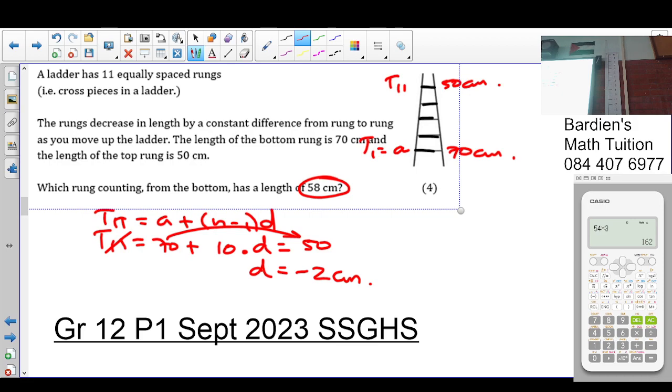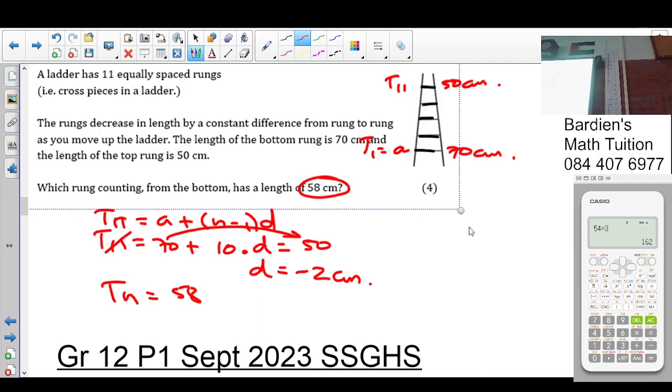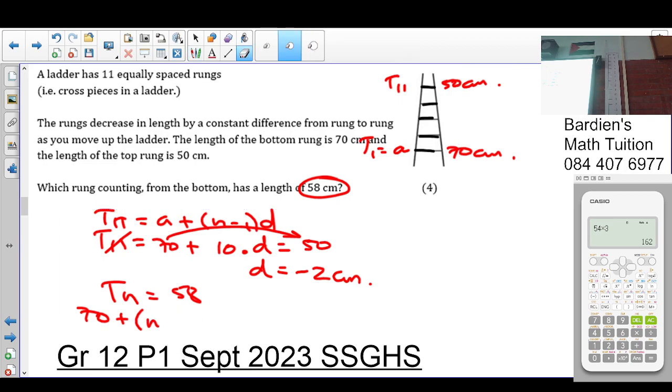58 centimeters? So Tn is equal to 58. So Tn is going to be a, which is 70, plus (n minus 1) times negative 2, is equal to 58.